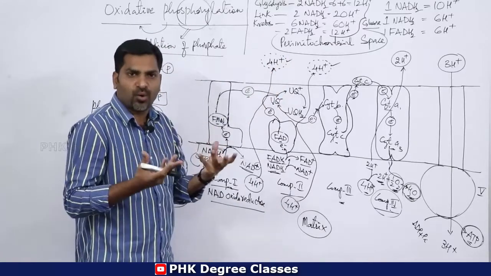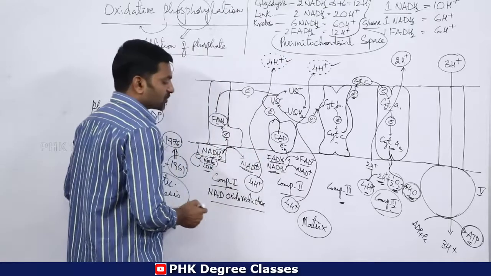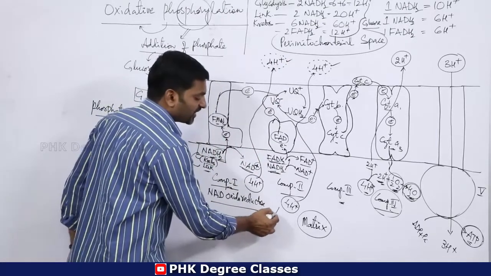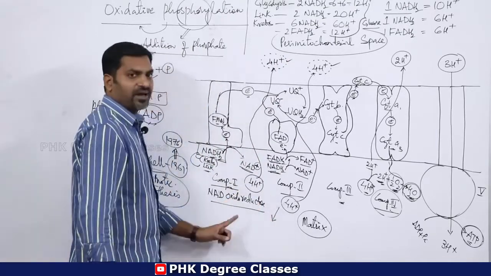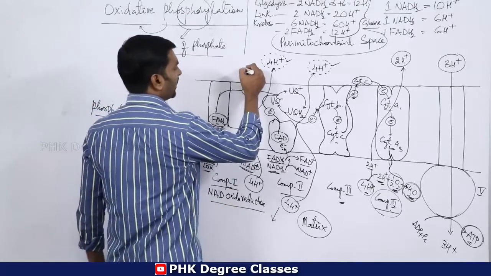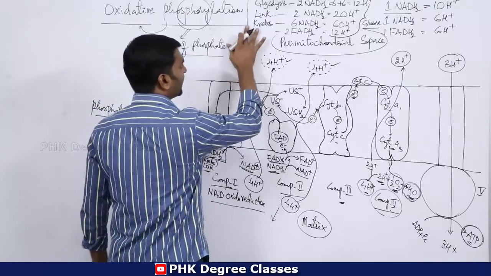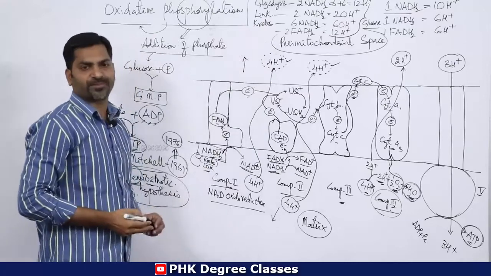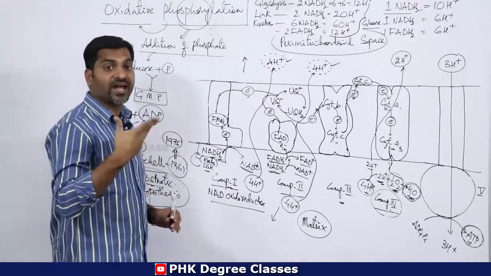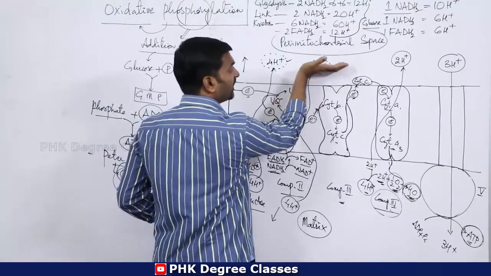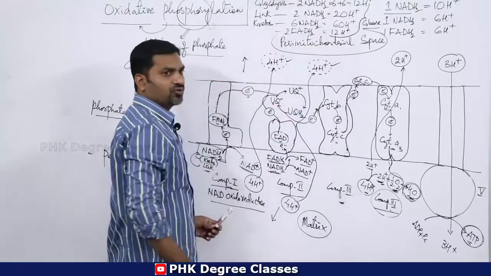What happens now? There is a deficiency of protons in the matrix. There is an increase in the proton gradient in the perimitochondrial space. Gradually, the proton number increases in the perimitochondrial space.